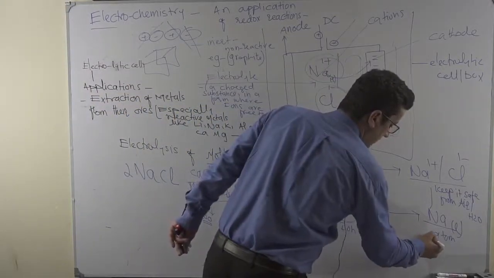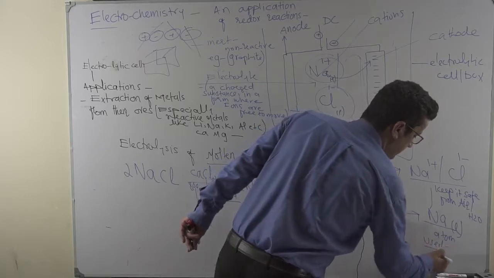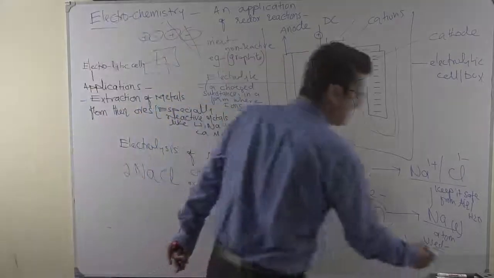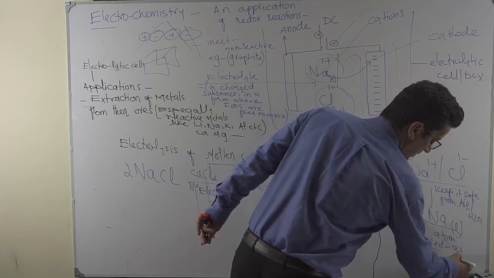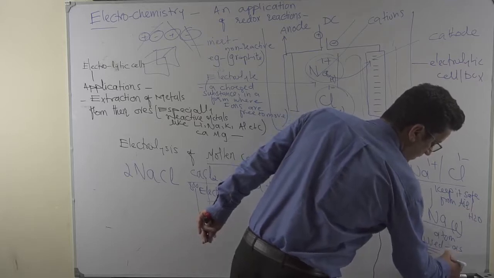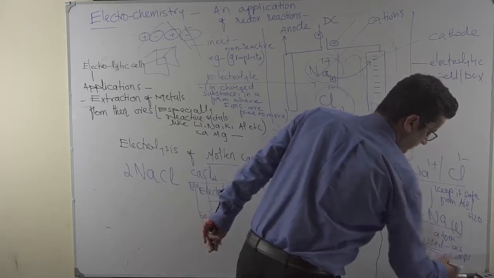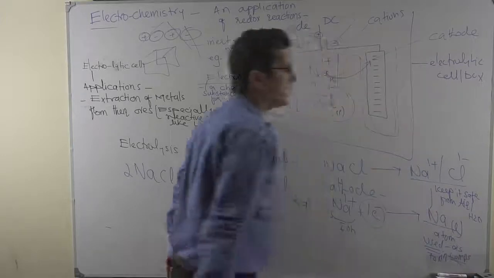Secondly, they can ask how the sodium is used, why this expensive electrolytic process is done. Sodium is used in lamps to provide a yellow glow.